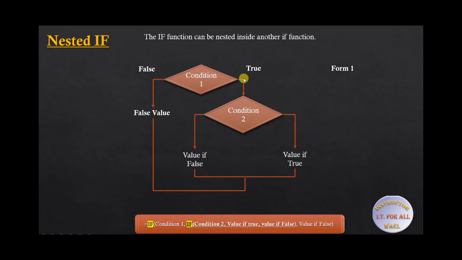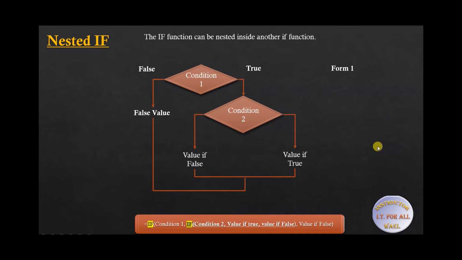But the true component is another IF statement that has three components: condition, value true, value false. So the true has an IF statement in it. However, the false doesn't have anything but the false value. So here is one component, two components, three components, where the second component is an IF statement with its own one, two, and three components.